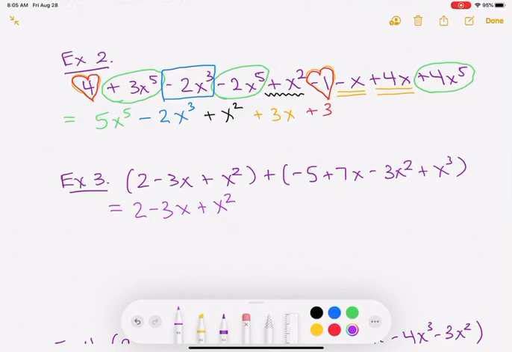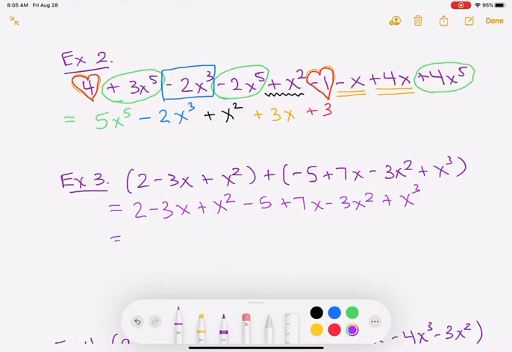Yeah, I can, because plus a negative is the same thing as minus. So we have a minus 5. Now, just finish it off, plus a 7x minus 3x squared plus x cubed. Now it looks a lot like where we start with example 2, right?